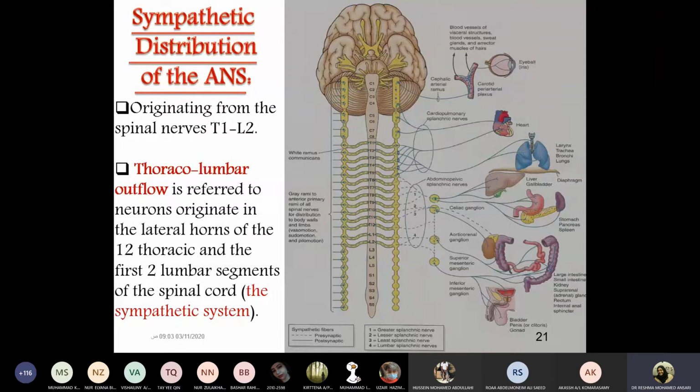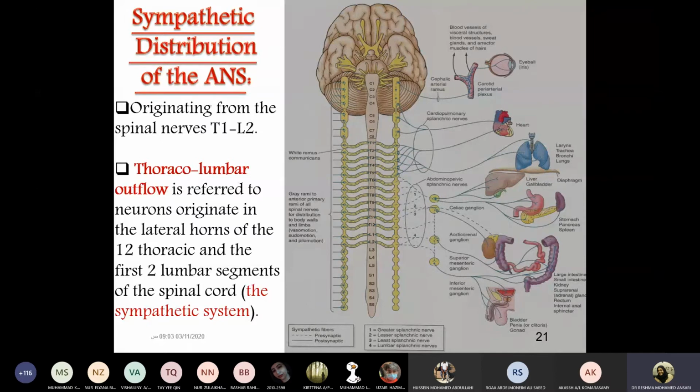Every human being will have a collection of neurons specifically for the sympathetic outflow. That is what it means when we say the thoracolumbar outflow is the neurons originating in the lateral horn of the 12th thoracic and the first and second lumbar segments.